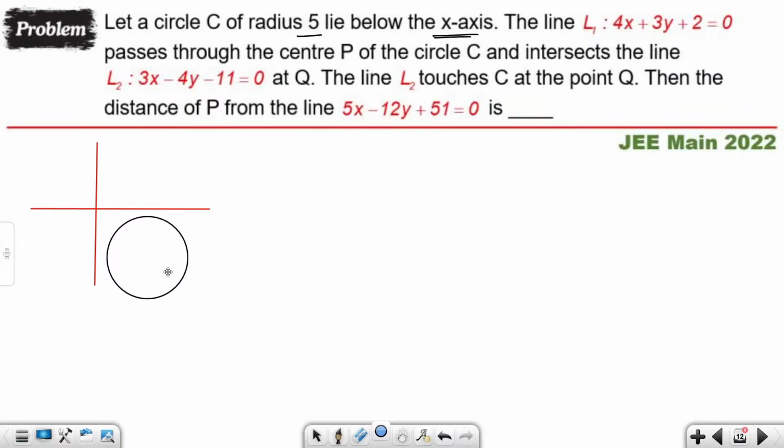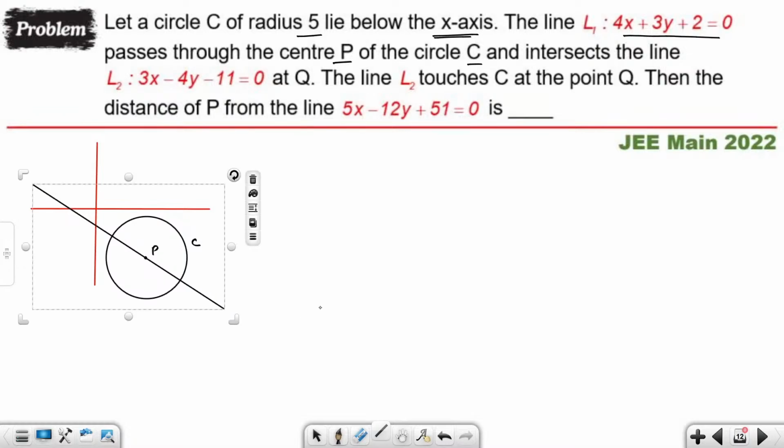And then what they have said is the line L1, 4x plus 3y plus 2 equals 0, passes through the center P of the circle C. So this circle is C and its center is at P. The line will be something like this, passing through the center of this circle.